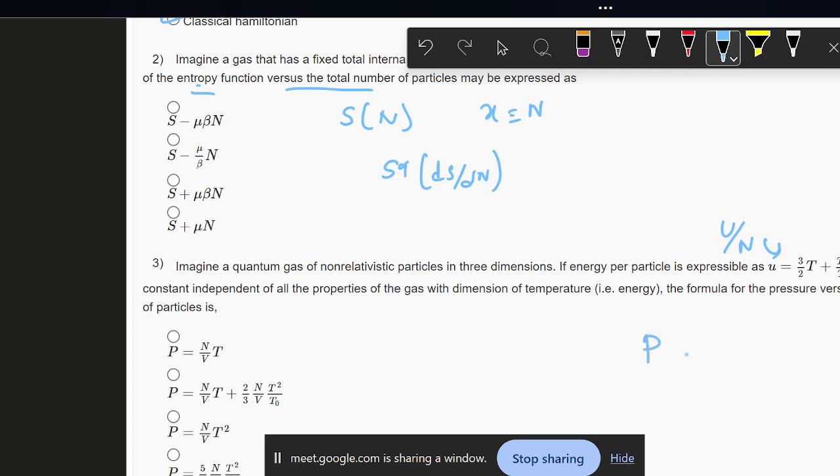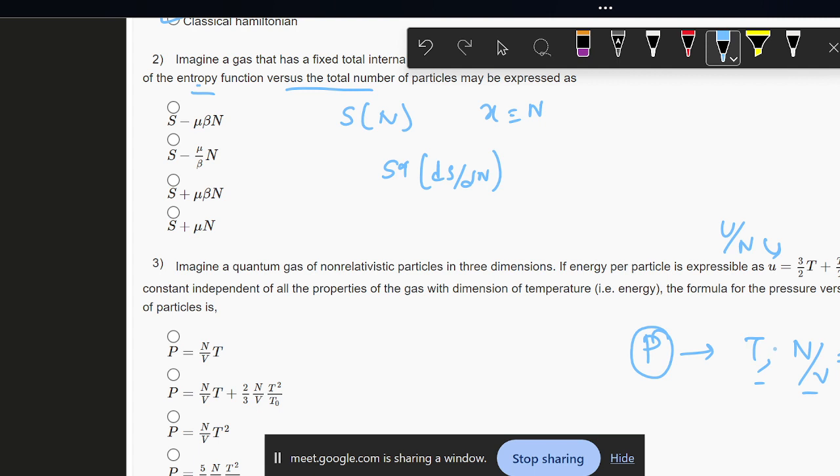That means you have to get pressure in terms of the temperature T and the density of particles, n by V equal to rho. So how to do that? I think you are familiar with the equation of state.